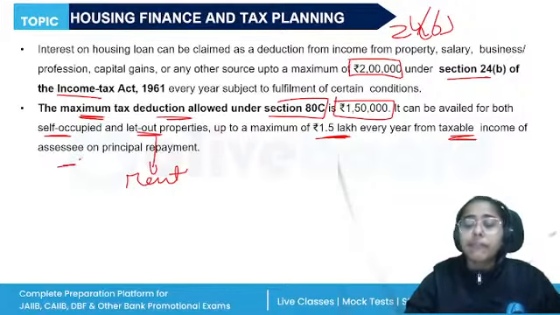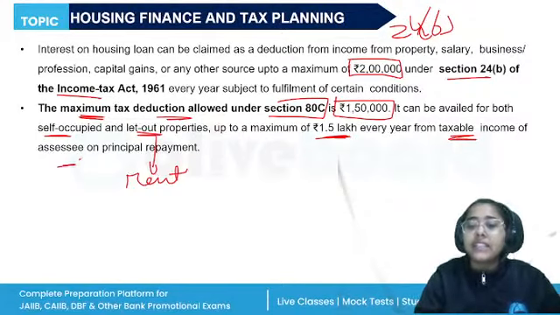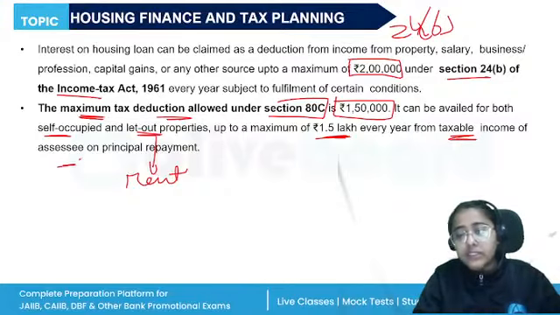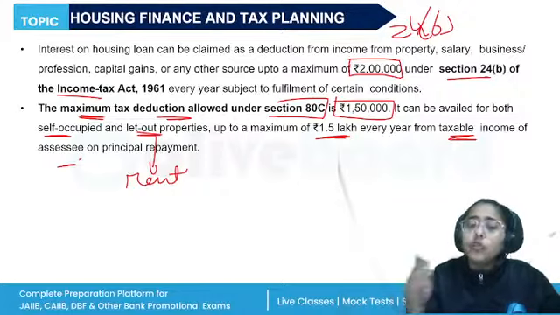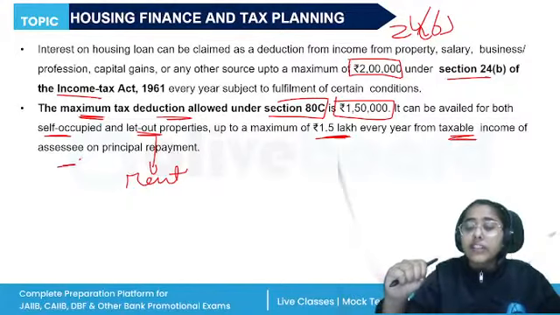So if the principal repayment has been made by the assessee, then this tax reduction of 1.5 lakh every year can be done. And it is also part of the various deductions allowed, like the investment in PPF account, the tax saving fixed deposit, the life insurance premium, NSC, Senior Citizen Savings Scheme, and so on. So it is inclusive of all of these options. So this is another very important point. The deduction limit of 1.5 lakh under section 80C is inclusive of all the other options.